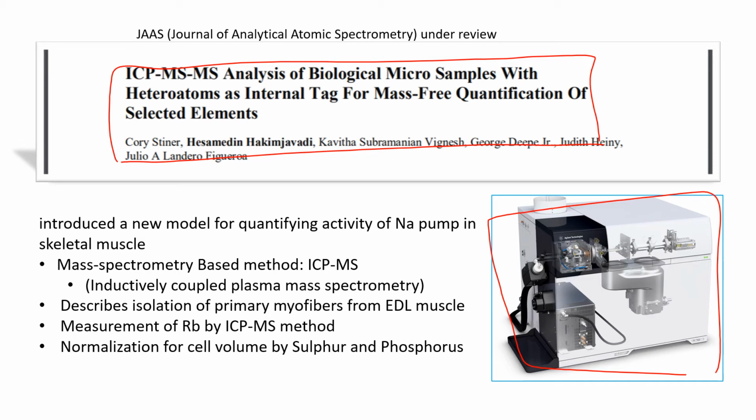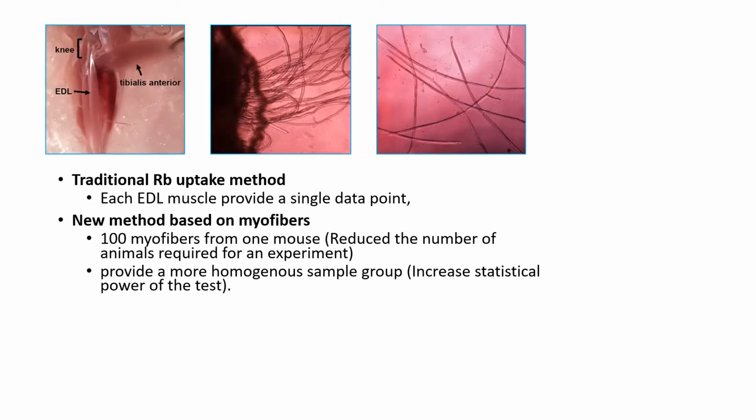I described the isolation of primary myofibers from EDL muscle and showed how we can measure rubidium besides other ions simultaneously by ICP-MS. And importantly, we showed that sulfur and phosphorus can be used as a normalizing factor for heterogeneous samples in terms of cell volume or cell count.